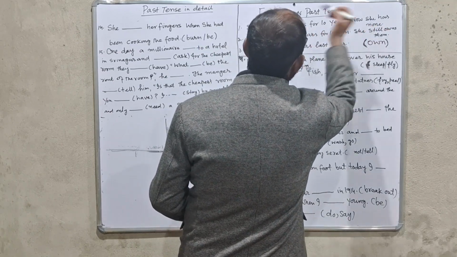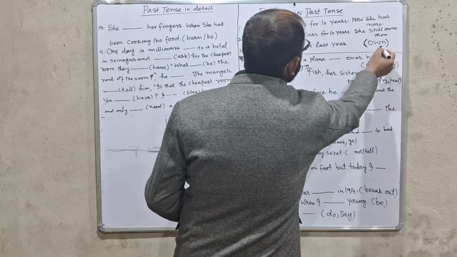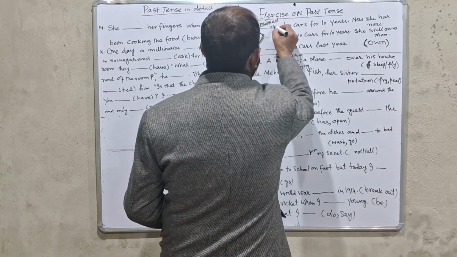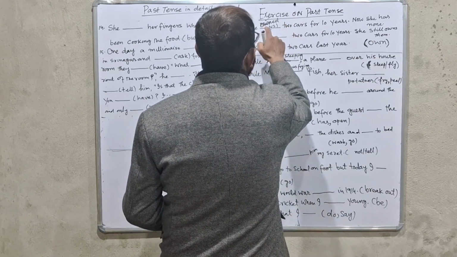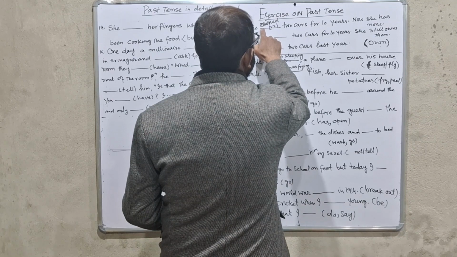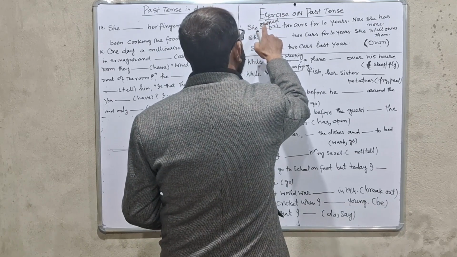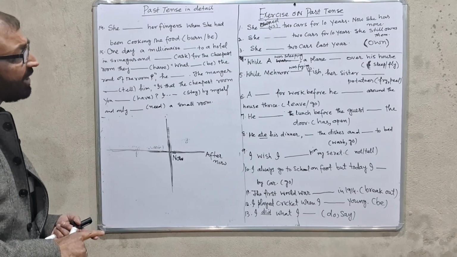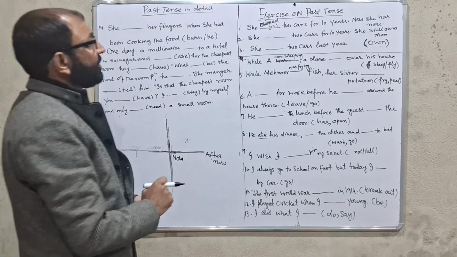Now she has none. It means the verb should be in past simple, the second form, because it refers to the past and the action has ended in the past. It started in the past and ended in the past.